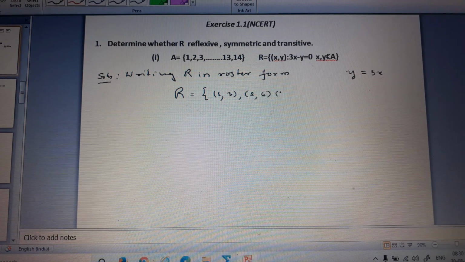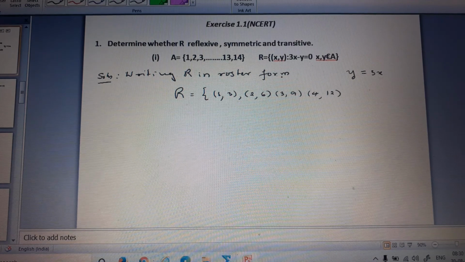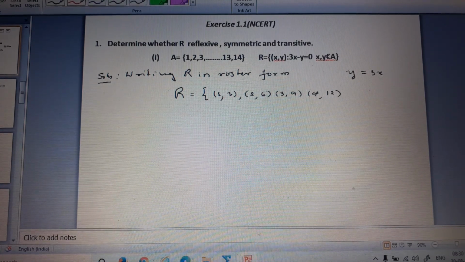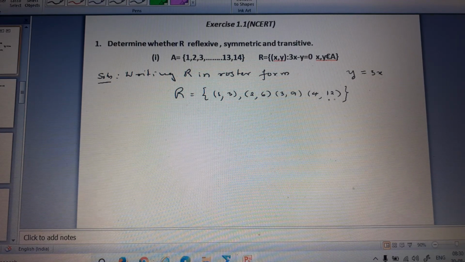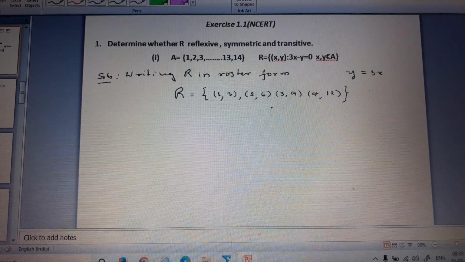Then x is 3, y is 9. Then x is 4, y is 12. Now I cannot take x equal to 5 because 5 into 3 is 15, and y equal to 15 does not belong to A. Therefore I have to stop here. So this is the given relation when we express it in roster form.